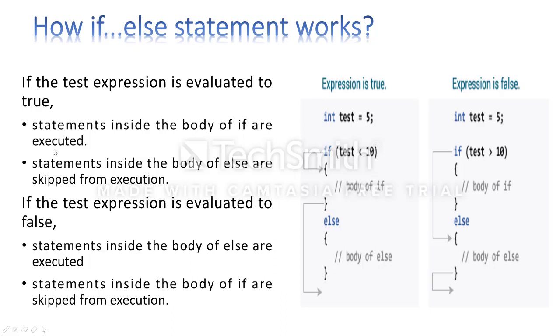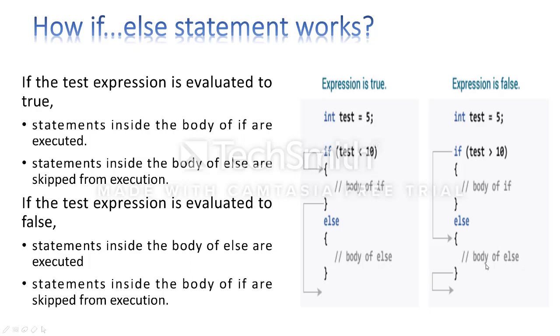If the test expression is evaluated to false, for example, let's see this example. If test is greater than 10, that means 5 is greater than 10, false. When the test expression is false, then you don't enter into the if body, you directly enter into the else body and execute the body of the else.